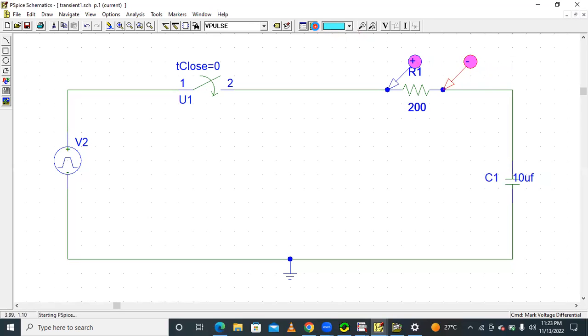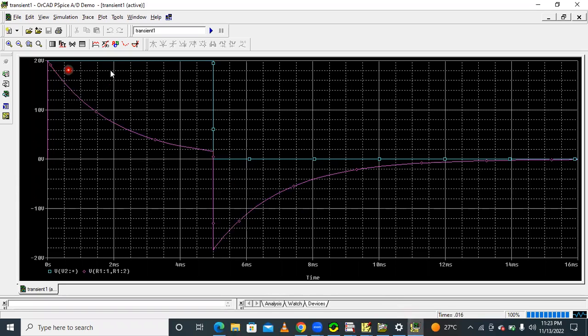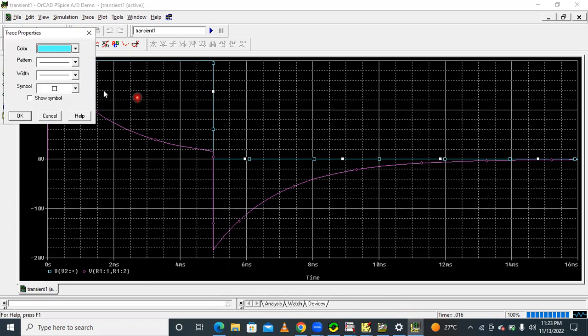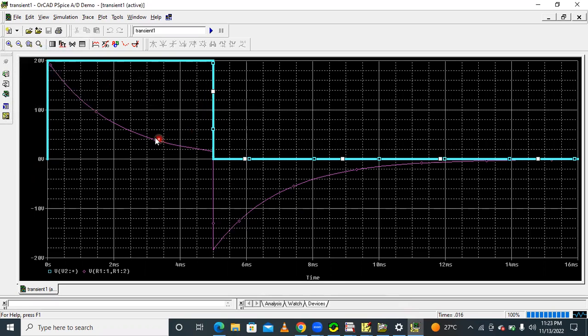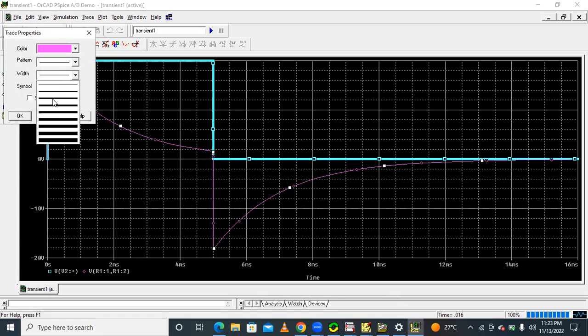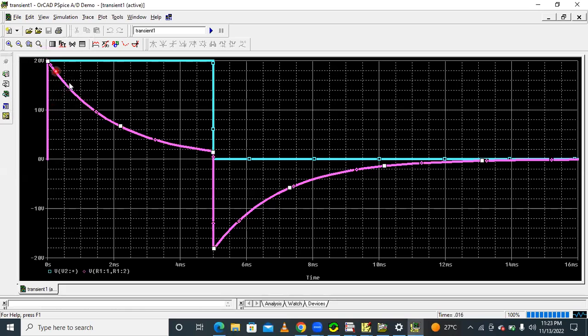Then run the simulation. We will get an exponentially decreasing waveform. Also take one voltage marker across the source, and then run. It will appear in a window like this. This is our source voltage waveform, and this is the voltage drop across the resistor. Pulse width: exponentially decreasing. Here 0 to 5 milliseconds the source is present.